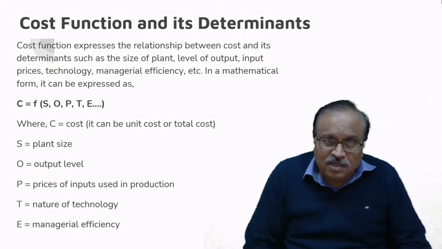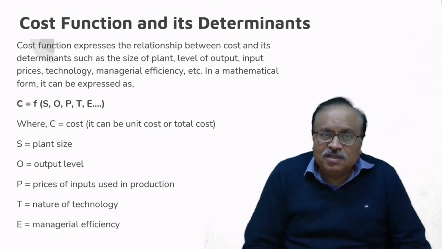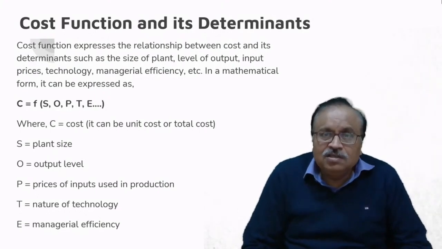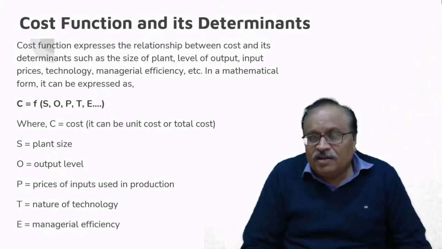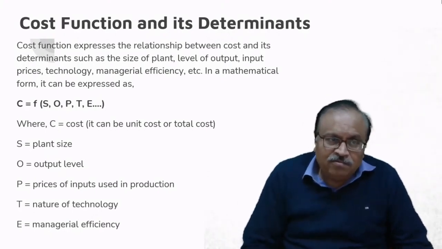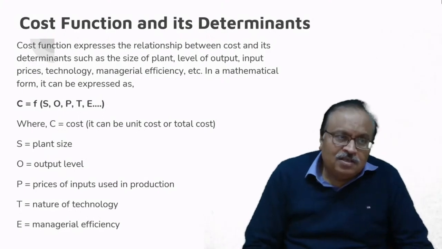So the cost function expresses the relationship between cost and its determinants, such as the size of the plant, level of output, input prices, technology, managerial efficiency. So all these factors result into the cost.